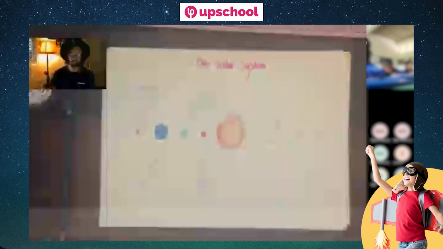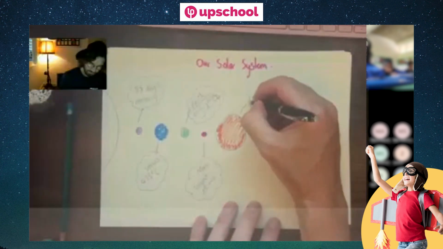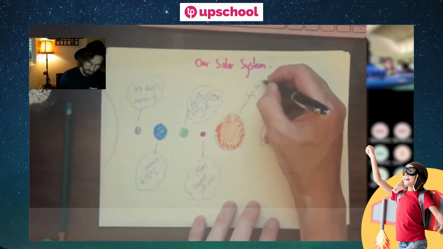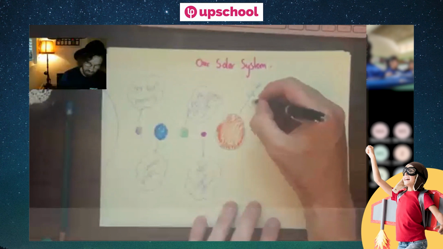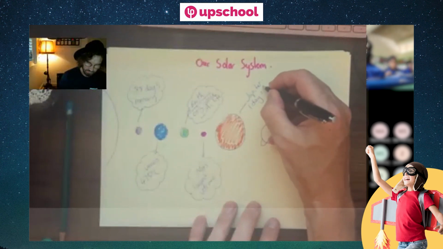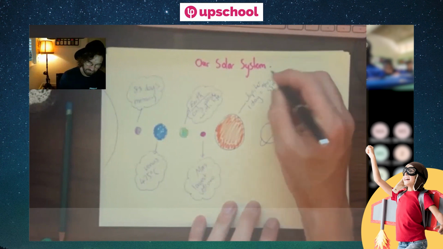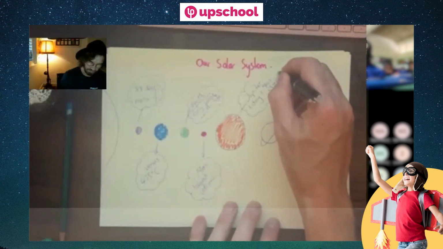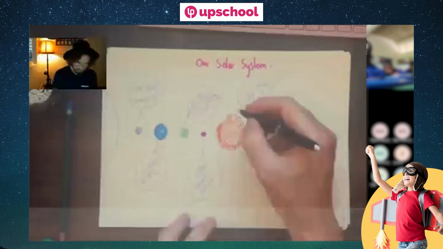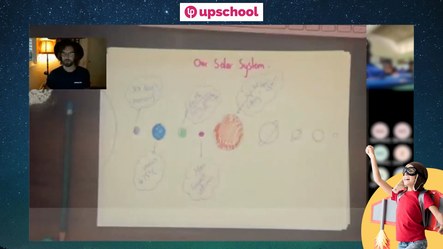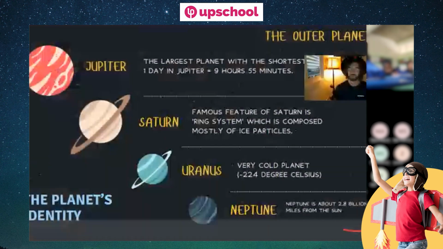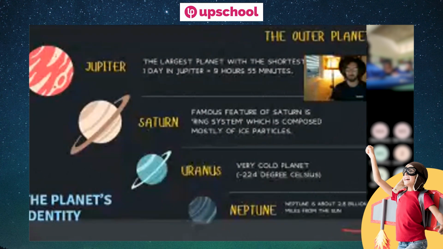So on my diagram, I'm going to label it Jupiter, and I'm going to put 1 day equals 9 hours, 55 minutes, just like this. Wow, pretty interesting. And at the very end of this presentation today, you're going to see actually just how big Jupiter is. It might look small on your diagram, but it is gigantic, everybody.